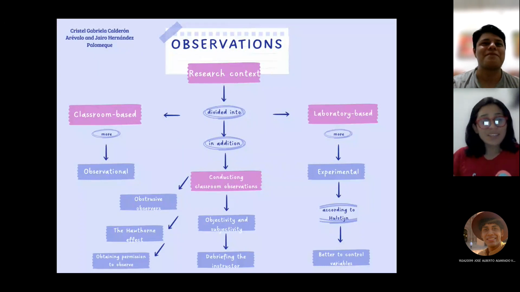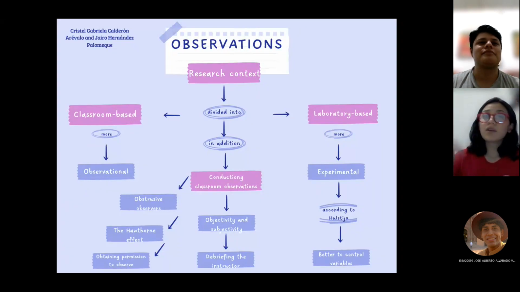According to Brown and Mayo, that's the Hawthorne effect, because one day when they wanted to do research, they went to a company and then the workers' work started to be more positive. The workers were very productive, very good at that time.